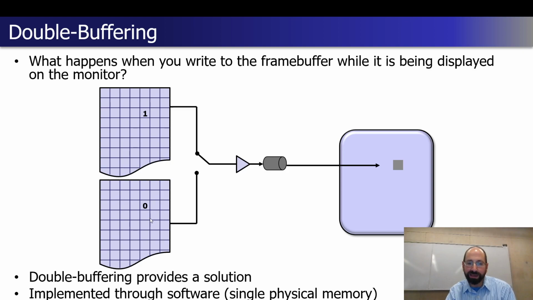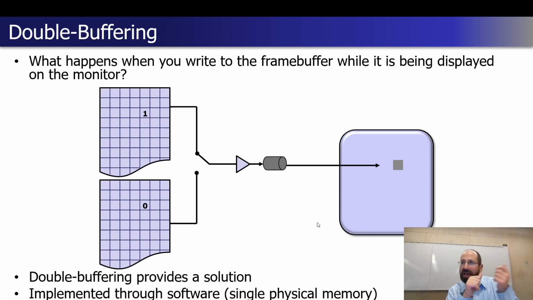So this becomes a write-only buffer, this one a read-only buffer, and only after we've finished writing the frame, when they're both finished effectively, do we flip the switch. Now the write-only buffer becomes the read-only buffer, and the read-only buffer becomes the write-only buffer. The switch moves to start reading from this location. That is the double buffering solution.